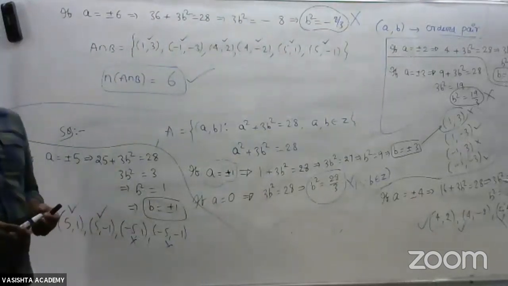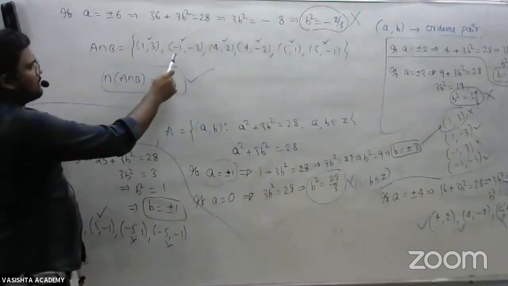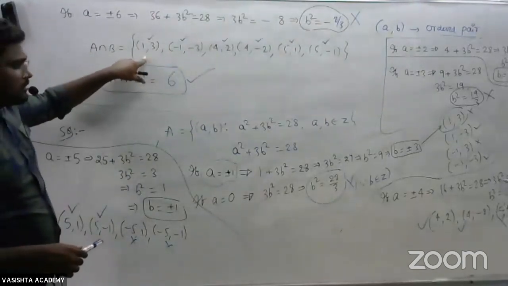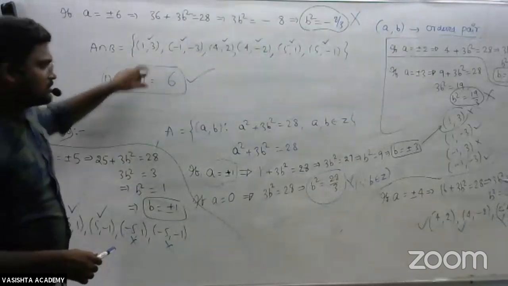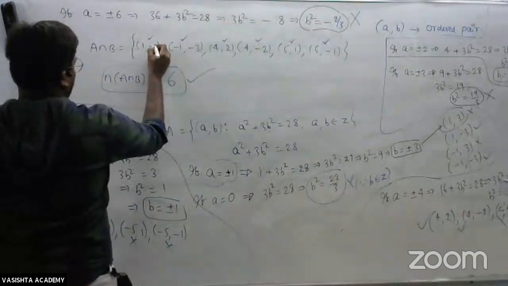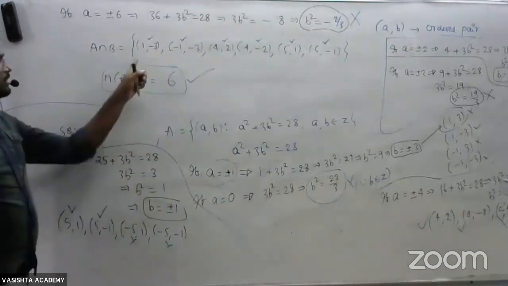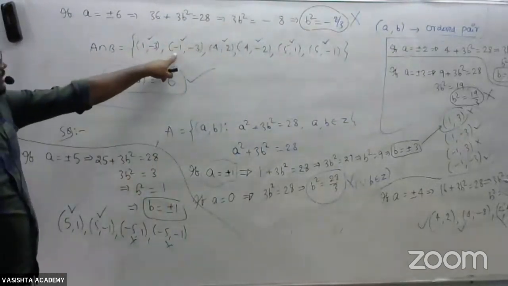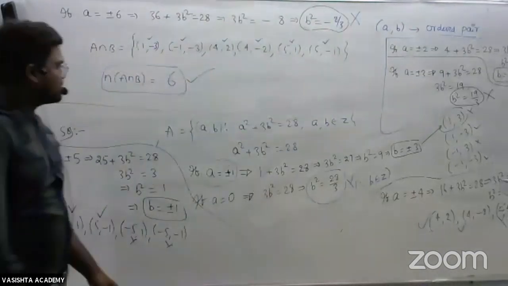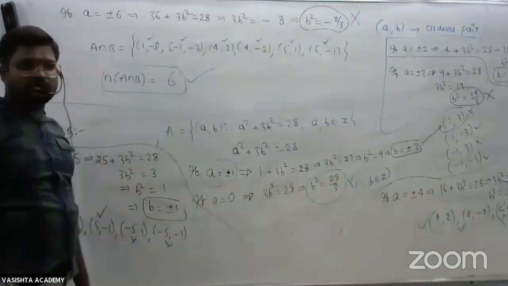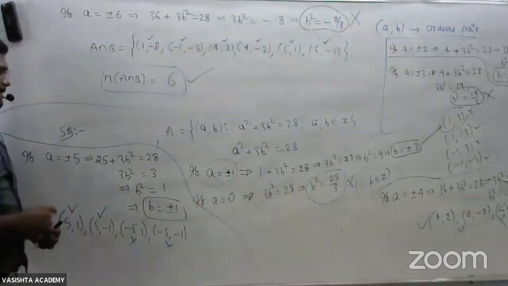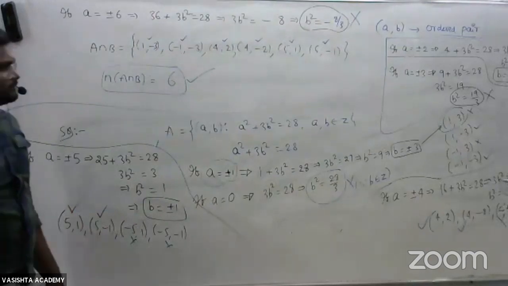The pairs are (1, 3), (-1, -3), (4, 2), (4, -2), (5, 1), (5, -1). So totally you can see 6 ordered pairs, so n(A intersection B) will be equal to 6. Please note it down.